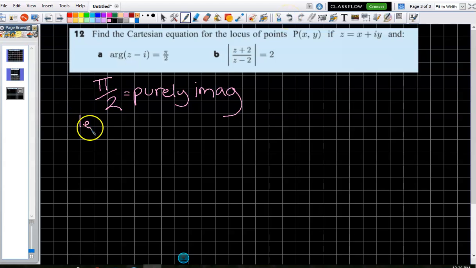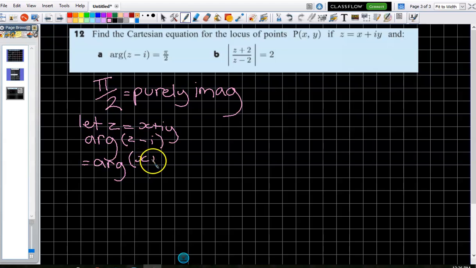Alright, let's actually go. When we have to let z equal x plus iy, right? And then we have argument z subtract i, and when we sub in x plus iy for z, it'll equal arg of x plus iy, subtract i.